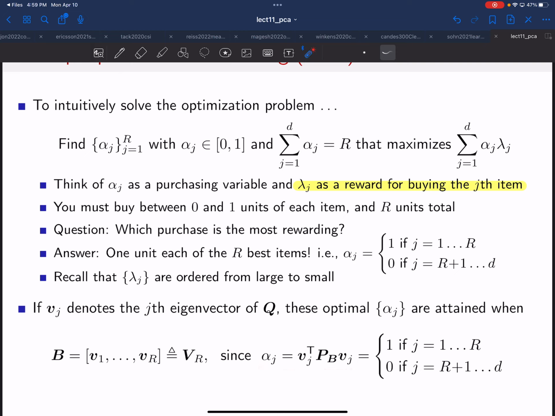And basically, if we construct these vj's as the principal eigenvectors of this matrix B, then it turns out that the alpha j's we get satisfy this exactly.